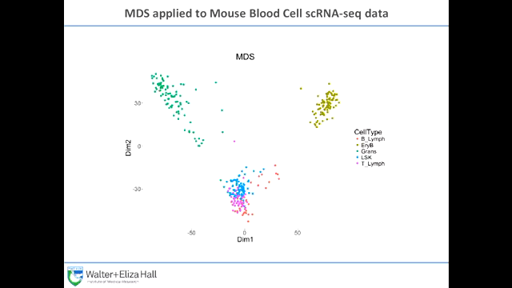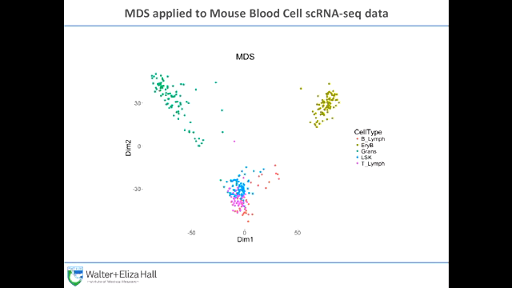MDS is a bit more general in the sense that you can define a distance between all the pairs of points in your data and give that distance matrix to MDS, and it will find the right representation of your cells so that the low dimensional representation reflects the distance matrix that you give it. So it's more flexible than PCA in the sense that you can define distance in many different ways and give that distance matrix to MDS and it will give you a plot back.